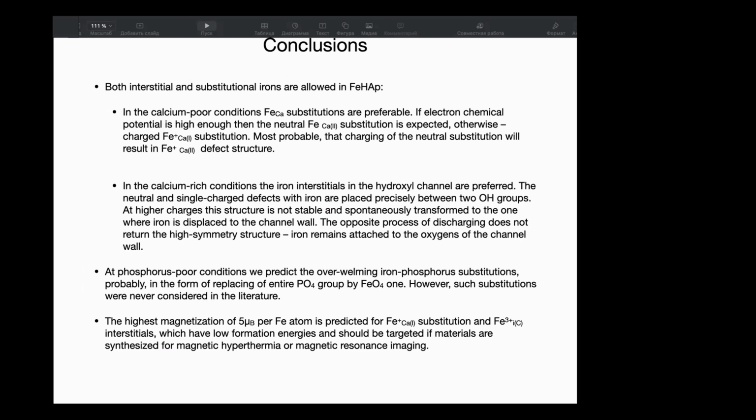We came to the conclusion that both interstitials and substitutions of iron are allowed. It depends on the conditions of preparation also. In the calcium poor conditions, iron for calcium substitutions are preferable.